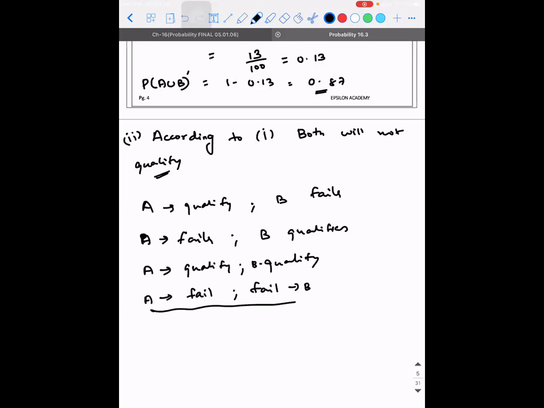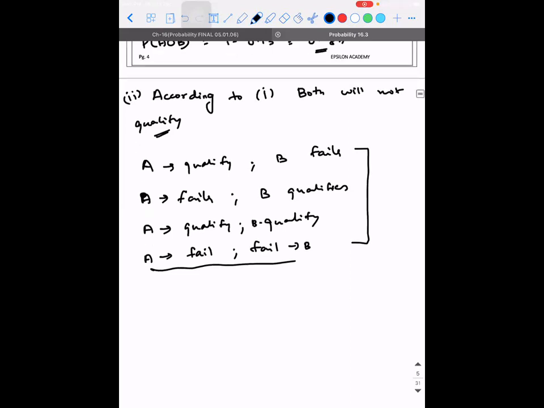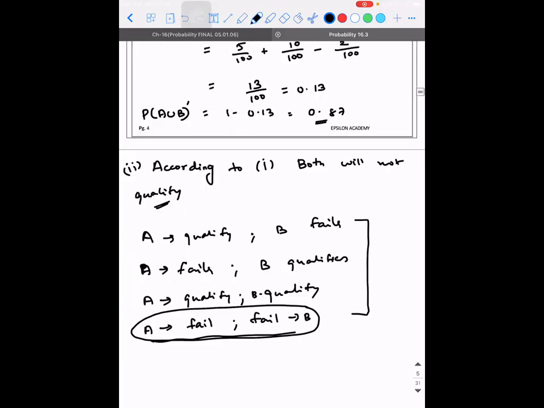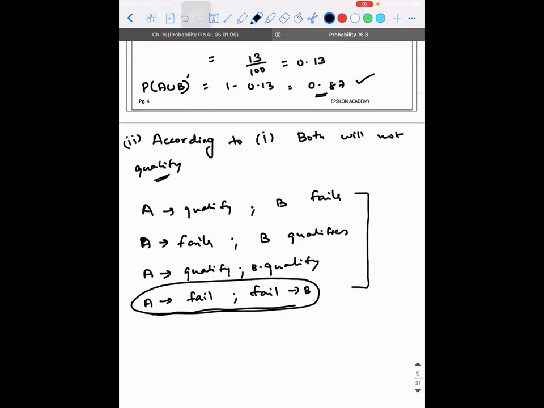So tell me logically, if I put all these things together, am I not going to get the sample space? All these are exhaustive events, right? Since we have calculated the probability of both of them failing as 0.87, is it possible for me to calculate what will happen if at least one of them qualifies?